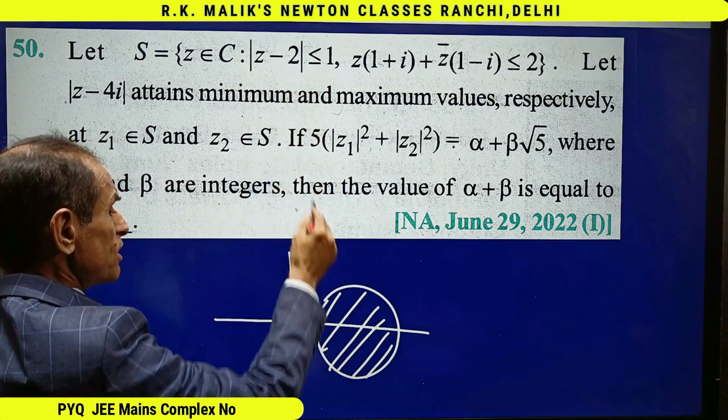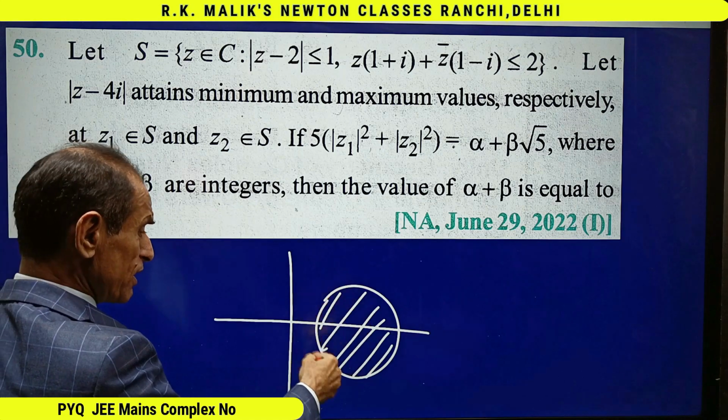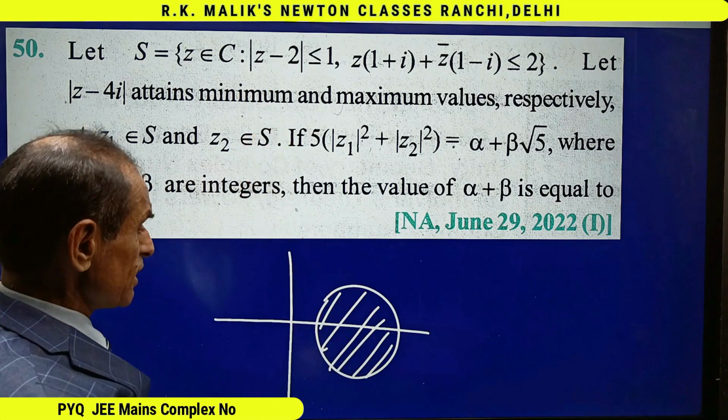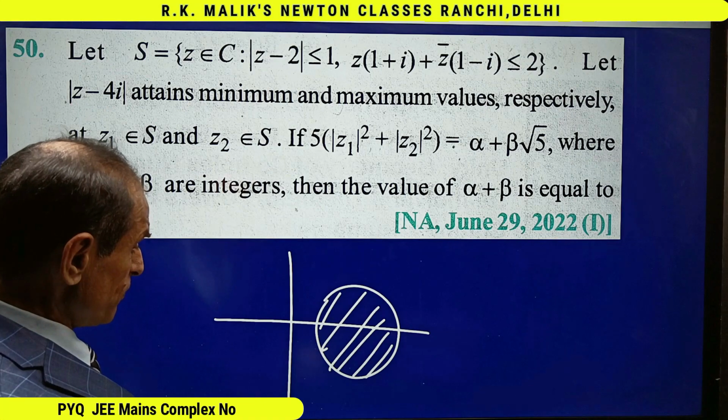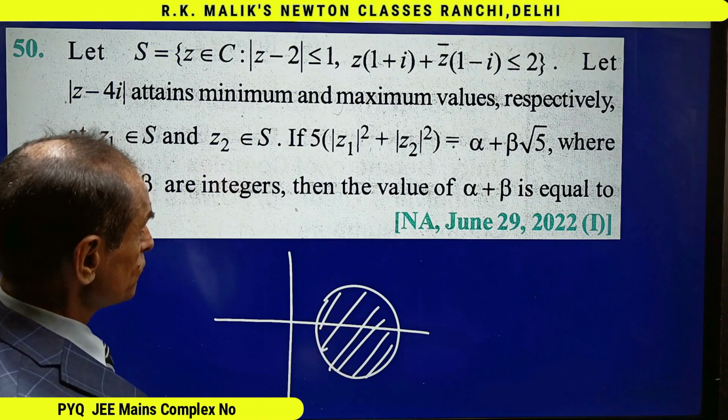Had it been equal to 1, it would have represented a ring, but presently it represents a disk with center 2,0 and radius 1.